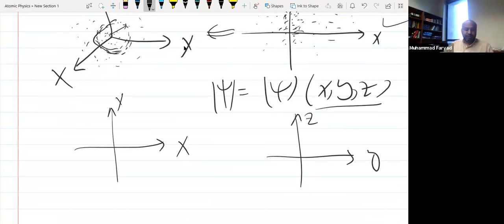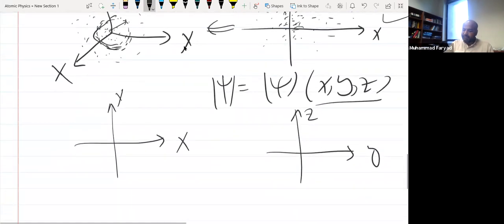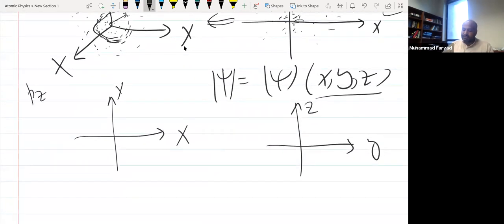the same function. Because if you have, let's say, a pz orbital, so the pz orbital has a high density along this axis. So if we go along the z axis, but in the xy plane it is isotropic. Actually in the xy plane it is 0, sorry.